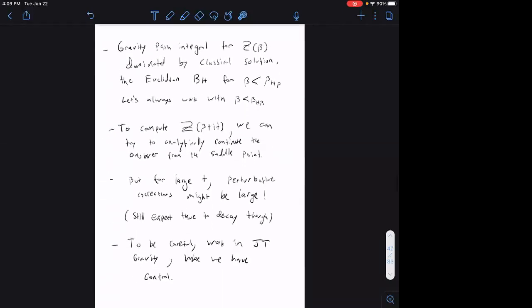So ordinarily, when we try to study the partition function in gravity, it's dominated by a classical solution. And for sufficiently high temperatures above the Hawking-Page transition, it's dominated by the Euclidean black hole. So we're interested in studying black holes, so we're going to restrict our attention to these high temperatures where this black hole solution should dominate.